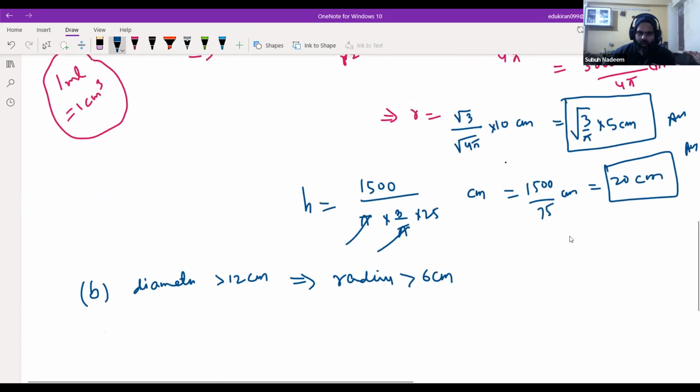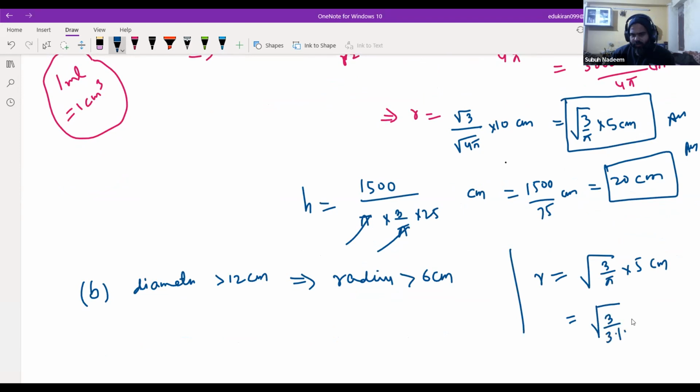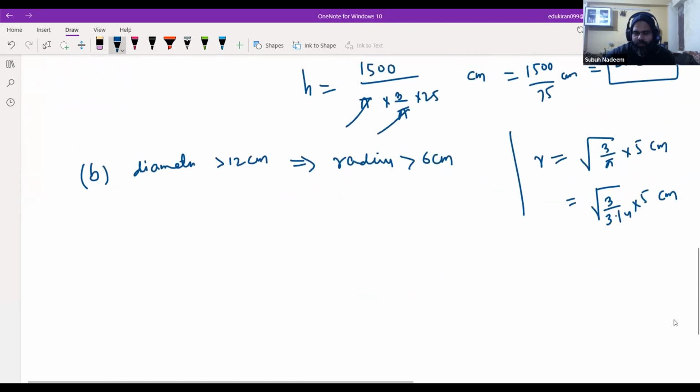So here we have got radius is equal to root over 3 by pi into 5 centimeter, and pi is almost 3.14. So this is root over 3 by 3.14 into 5 centimeter. Now you have to do a bit of calculation here.